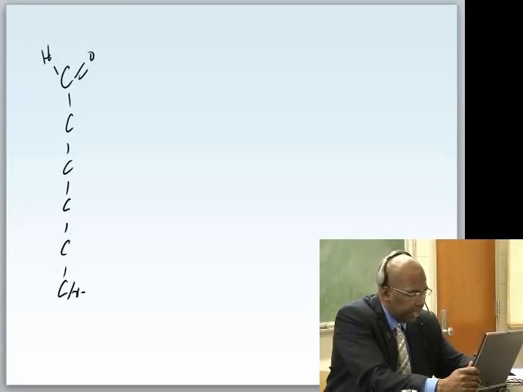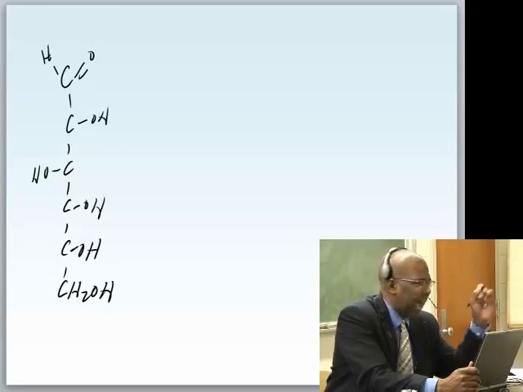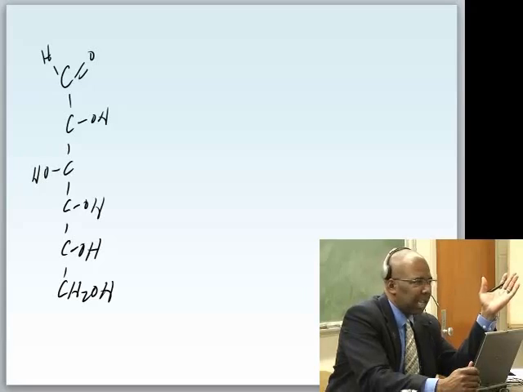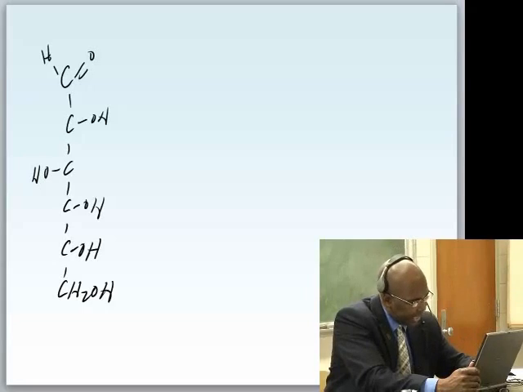So this time I'm actually going to draw glucose. 2, 3, 4, 5, 6. Right, left, right, right. Do I need to put the hydrogens there, or would it be okay with you all if I left off the hydrogens? Okay, so this is glucose.